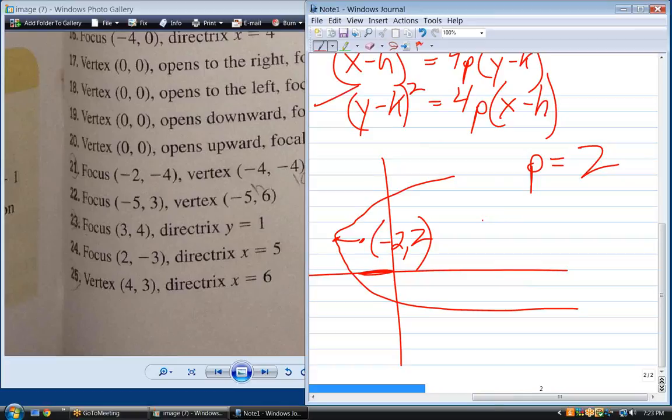And it's going to be what? (y plus 4) squared equals 8 parenthesis (x plus 4). Good. Okay. 22 is the same as 21, so that's why you're doing odd only. Yep. Let's look at 23.